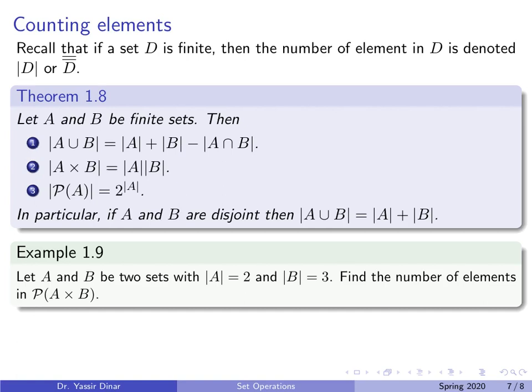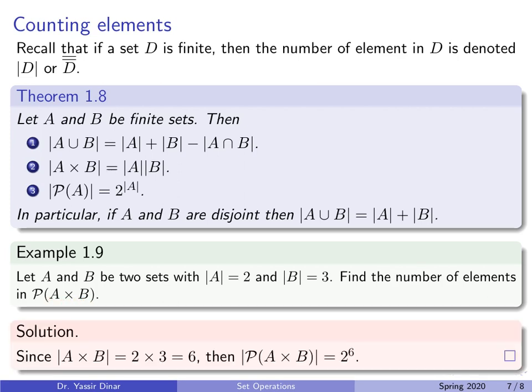Here is an example. Let A and B be two sets, and the number of elements in A is equal to 2, and the number of elements in B is equal to 3. We want to find the number of elements in the power set of A cross B. To solve this example, I need two formulas.